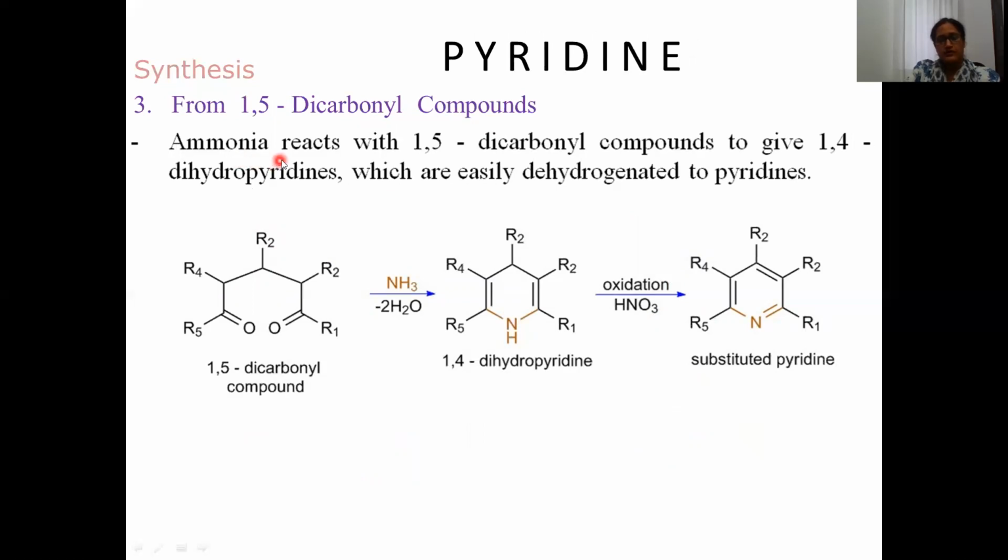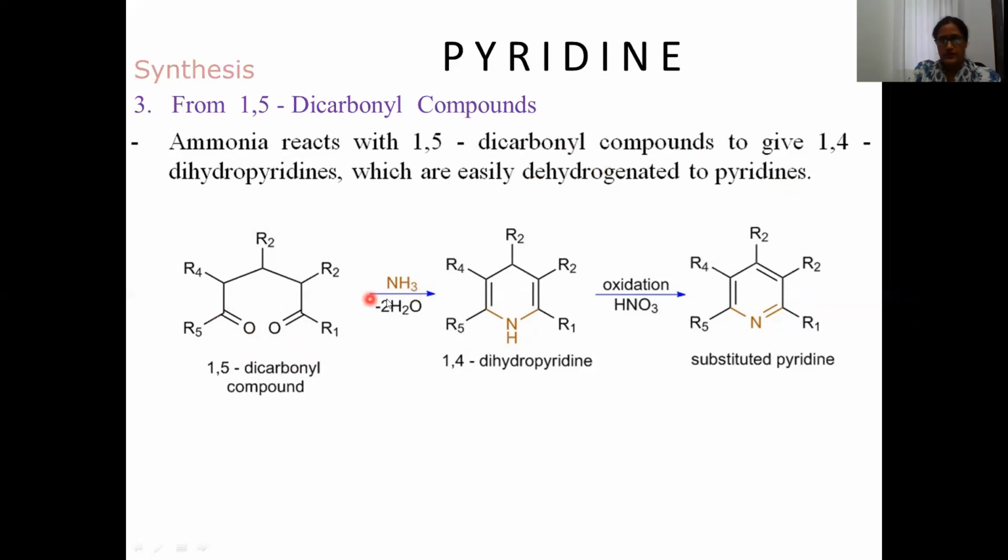When ammonia reacts with 1,5-dicarbonyl compounds, it gives 1,4-dihydropyridines, which are easily dehydrogenated to pyridines. Look here, it is a 1,5, if we name over here 1, 2, 3, 4, 5, 1,5-dicarbonyl, two ketone groups are over here.